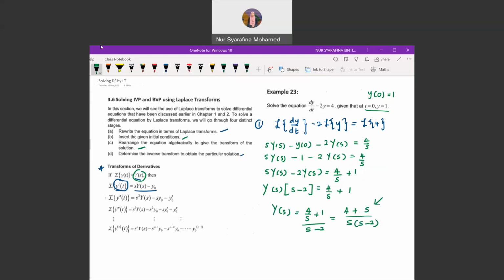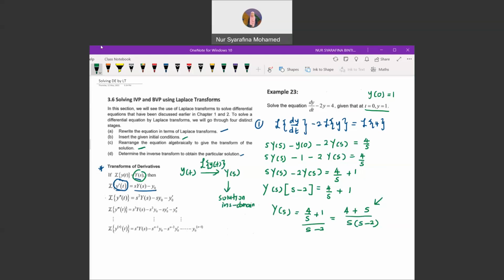Remember, we have the problems in terms of y(t). We transform y(t) by using Laplace transform, we get Y(s). Okay, and then we have the solution in s domain.